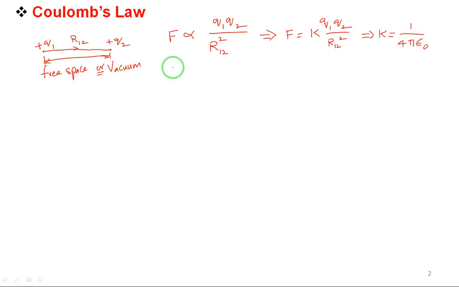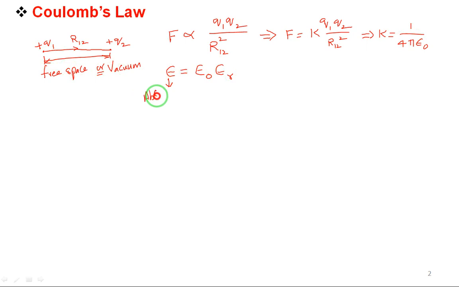Then we will define the parameter, that is permittivity. Absolute permittivity is equal to the permittivity of free space times the relative permittivity, epsilon r.